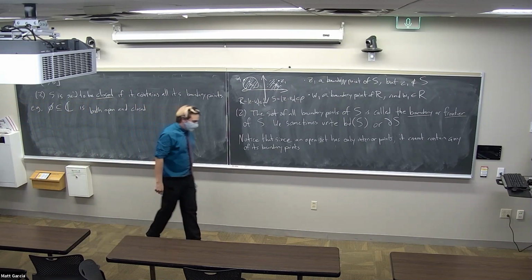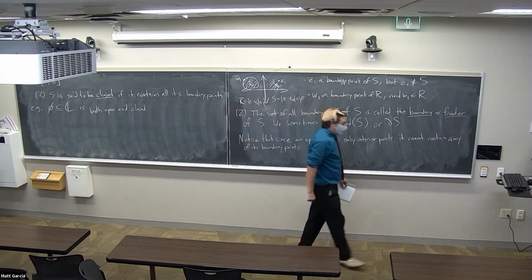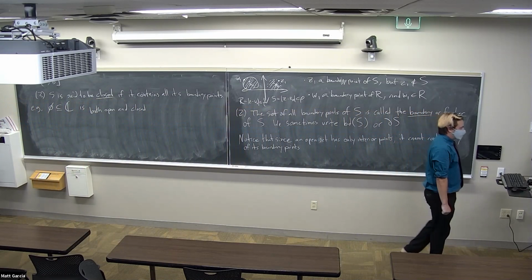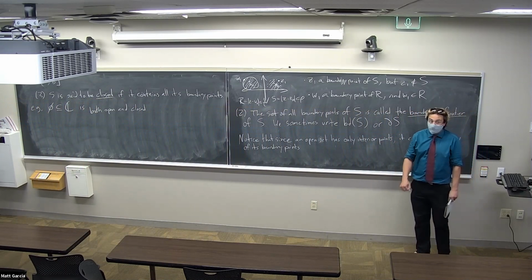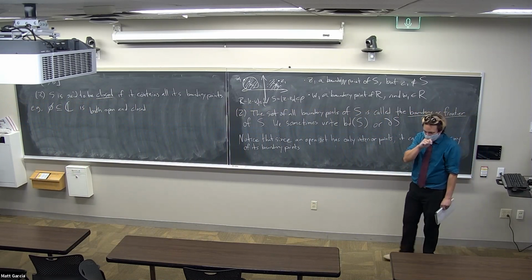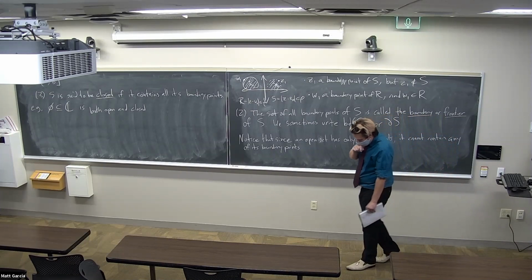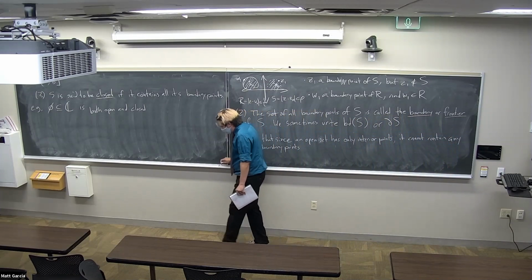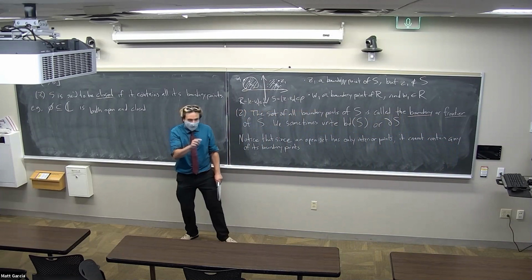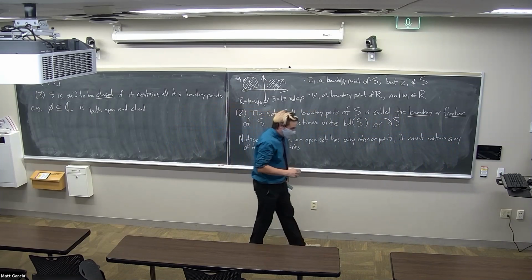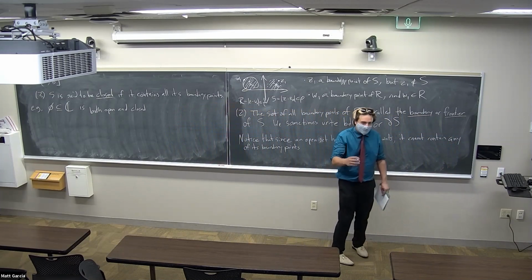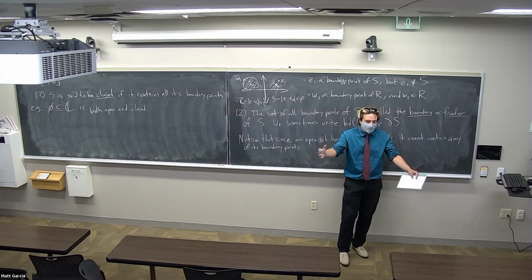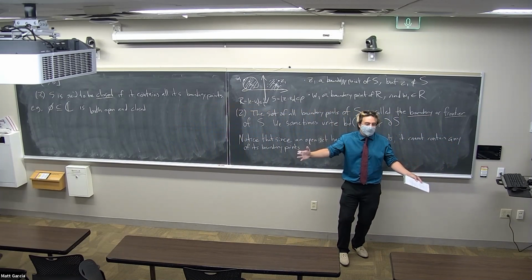Okay, how do we show that the empty set is open? Could you say that because it has no points, every point that exists is an interior point? That's really close. So what's the definition of open? Every point of the set is an interior point. Since there are no points, that condition is satisfied vacuously.